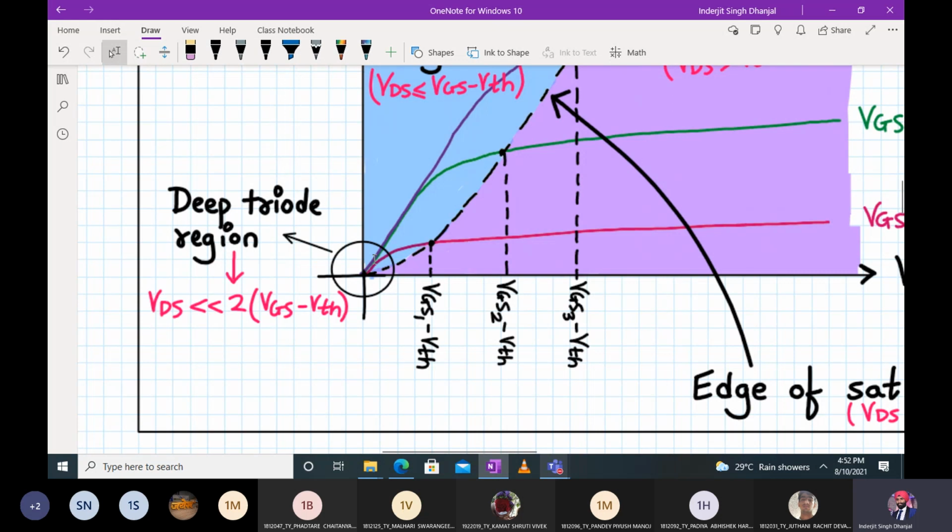And when the relation is linear, we can use it as an amplifier. The condition is that VDS is very small compared to twice VGS minus VTH. So this is something new information which you are gaining.